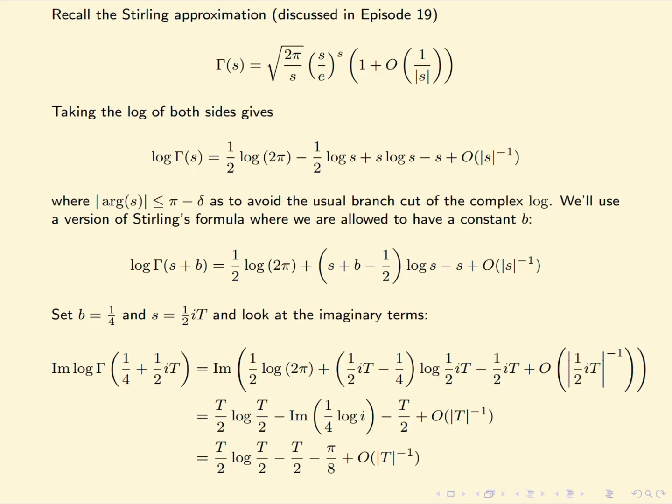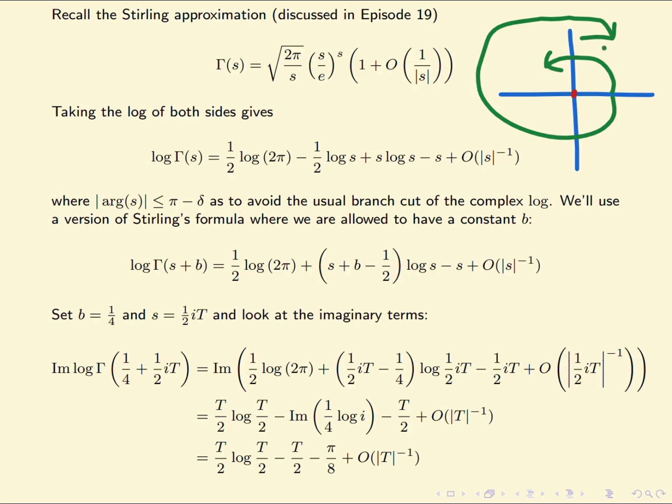Basically the idea is that the log function is nicely behaved. Well, it has this singularity here, but if you start going along the log, there are issues if you start going around in circles, and you're not allowed to do that.